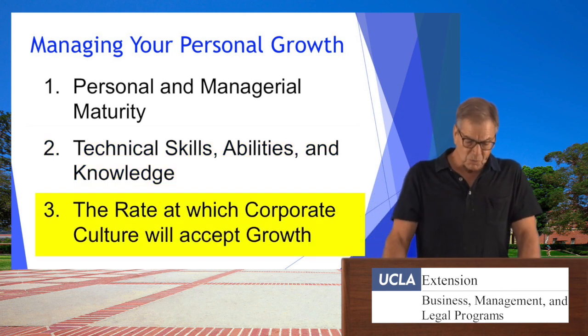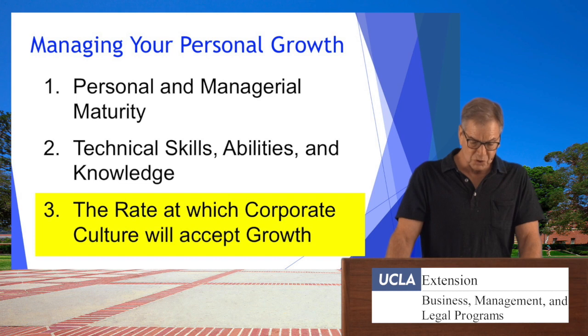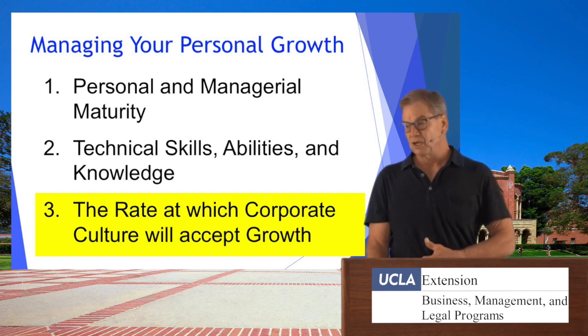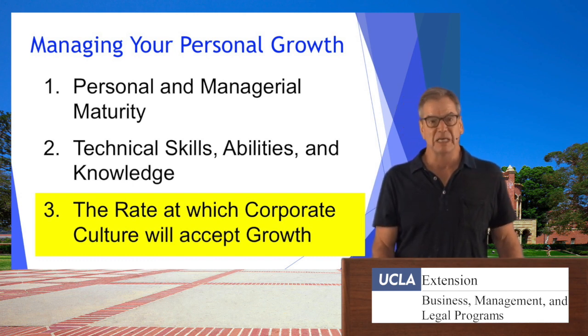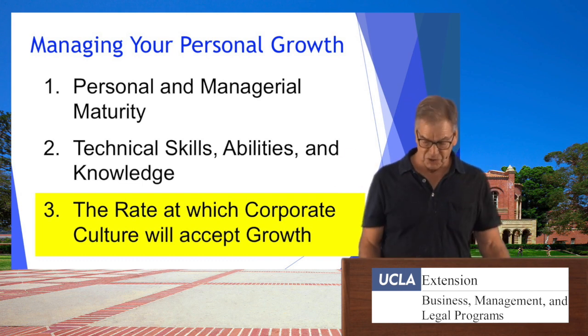Finally, the rate by which your corporate culture will accept growth. I use this as stagecoach theory, but the corporate culture of your organization, its ability to change and adapt, is the mean average of everyone in the organization.